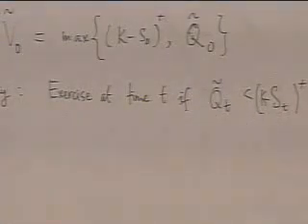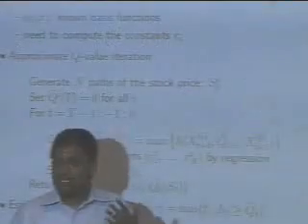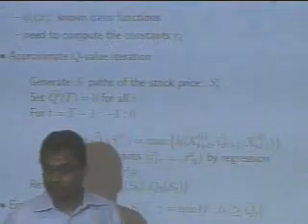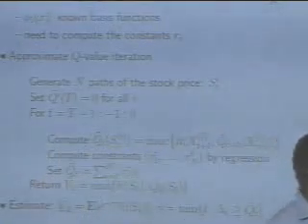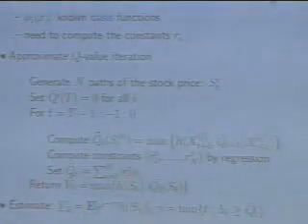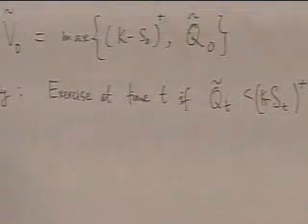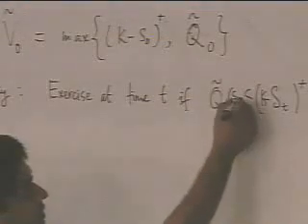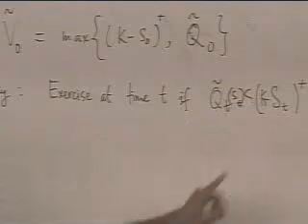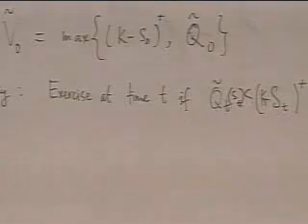If the cost of going forward, or the reward from going forward, is less than the reward that you get right now, just exercise. This is a policy. Q tilde is a function. I know this function explicitly because I have written it out as a combination of these basis functions. So this quantity here is known. So this policy is completely defined.